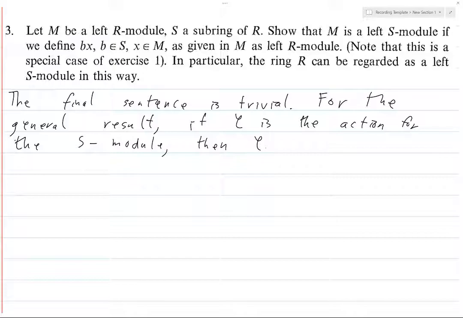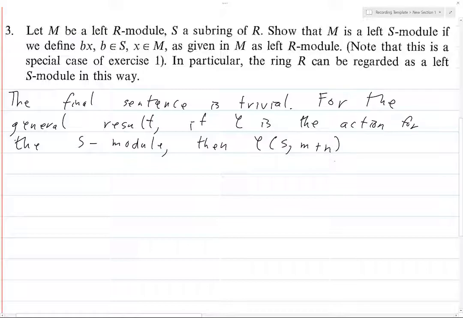Basically, because S is a subring of R, everything is going to remain the same. You're just going to do the same thing as you would normally do. The action stays the same. Here, let's just write it out. We have the sum m plus n.